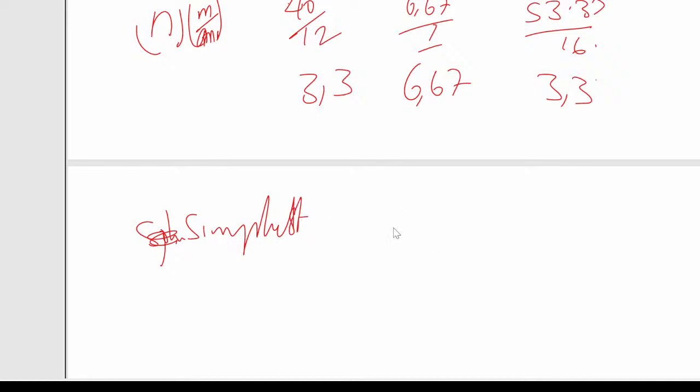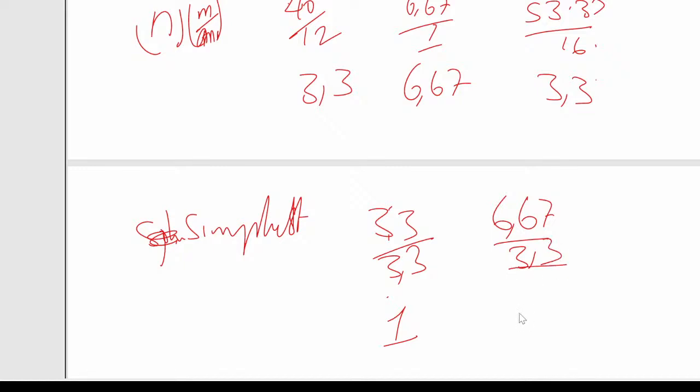3.33 divided by 3.33 gives me 1. 6.67 divided by 3.33 gives me 2. It's approximately 2, because we have been taking two decimal places.